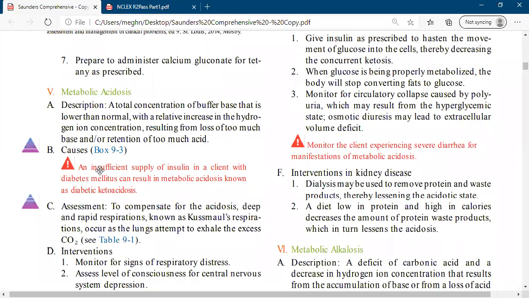If your patient has insulin deficiency, the patient can develop metabolic acidosis, or diabetic ketoacidosis, because the body produces ketone bodies, and ketone bodies are an acidic substance, and the concentration of acid increases.